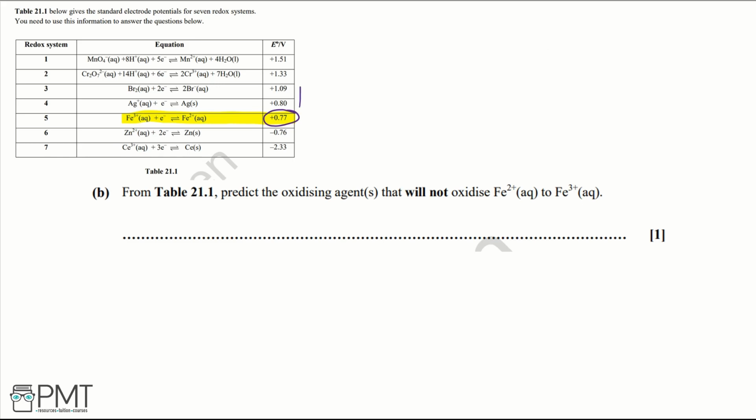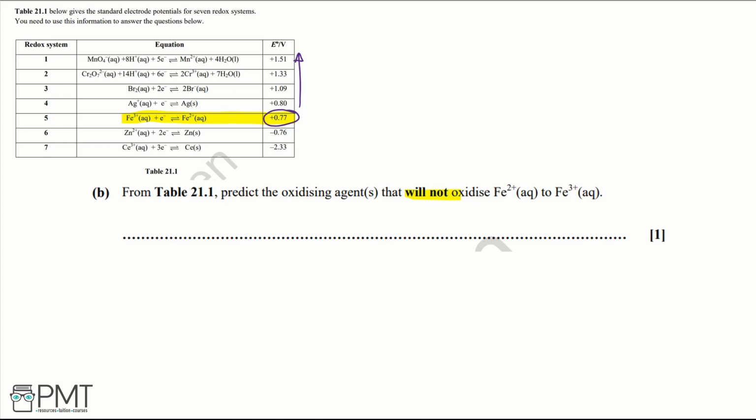So any of these cell potentials will shift the equilibrium to the left so that Fe2+ will be oxidized to Fe3+. But the question's asking what will not oxidize. So that means that it's going to have to be anything with an electrode potential lower than 0.77.